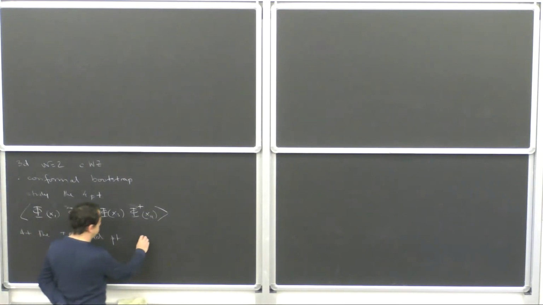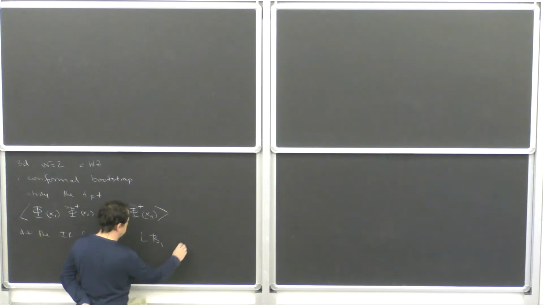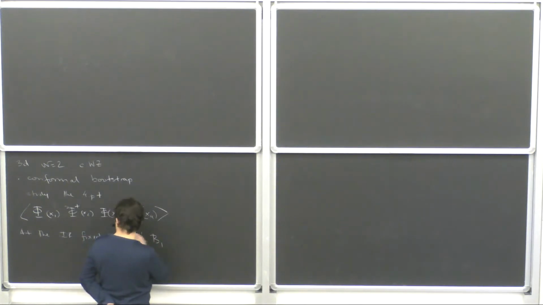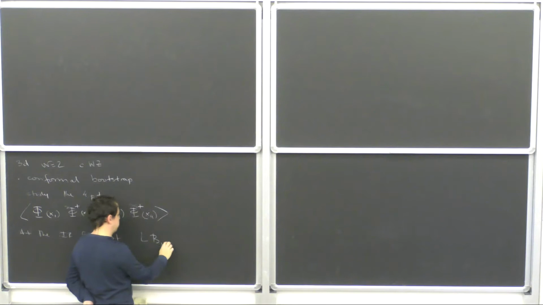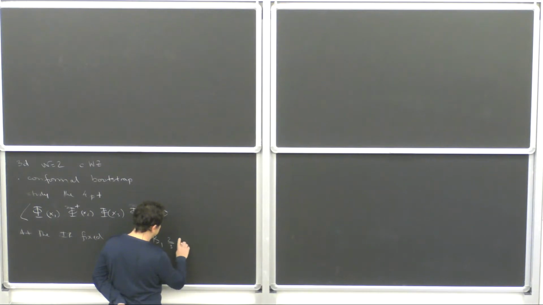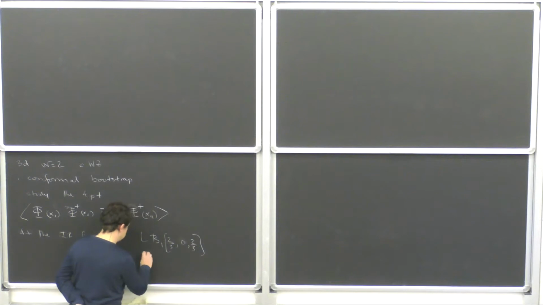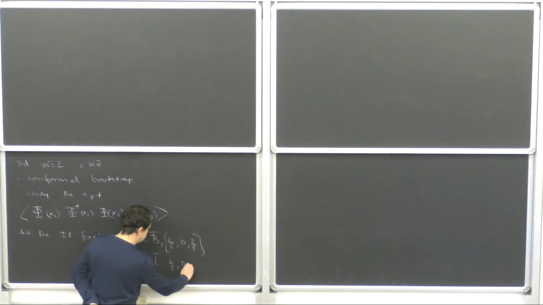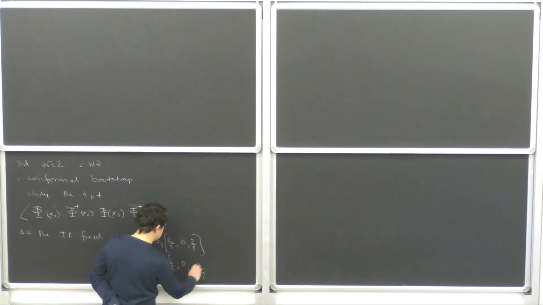And so phi and phi dagger should be in these multiplets of dimensions 2/3, and then its friend. I'm not sure I'm consistent with the signs, but this is the expectation.